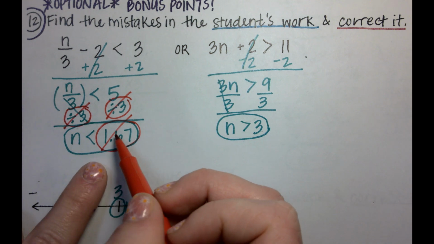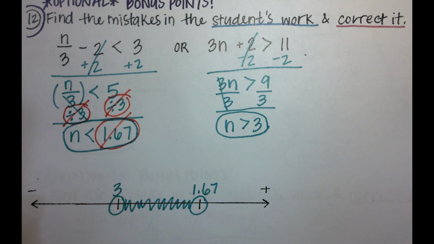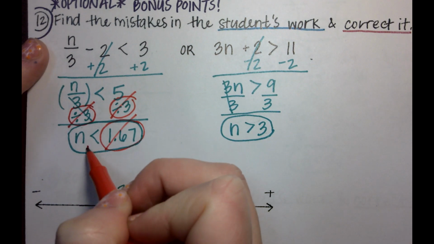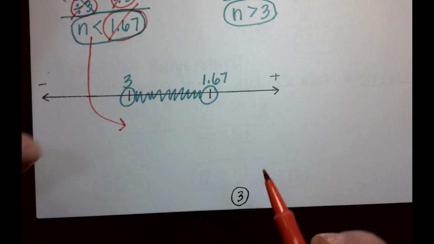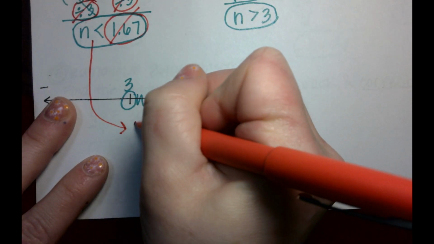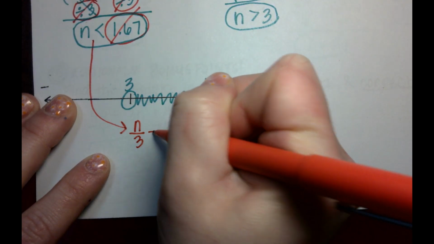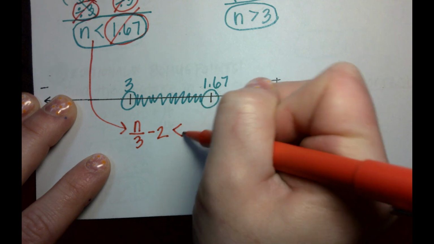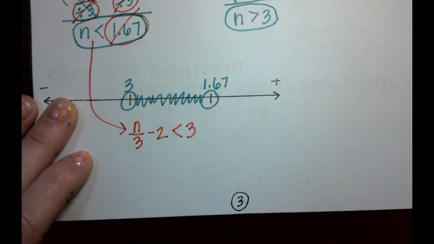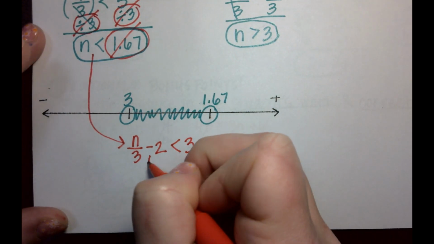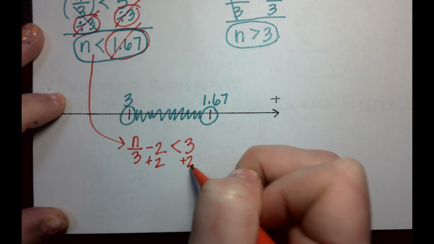So let's see what the right answer would be. I'm going to move this down here. I'm going to rewrite that problem. N over 3 minus 2 is less than 3. So they added 2 first, which is correct.